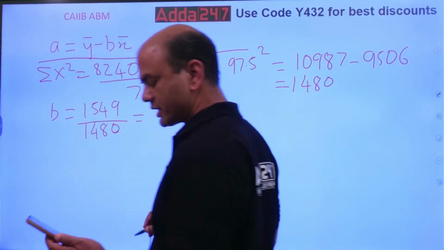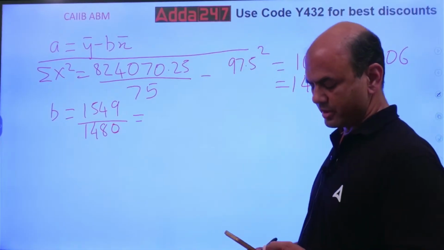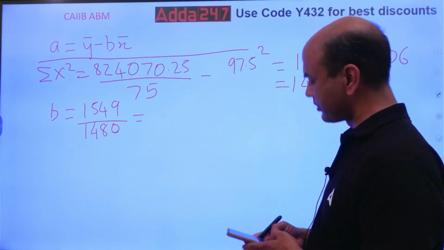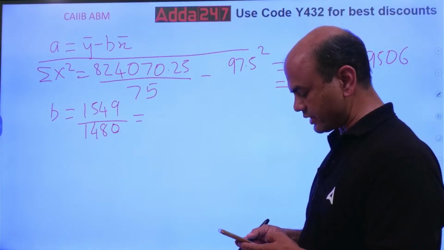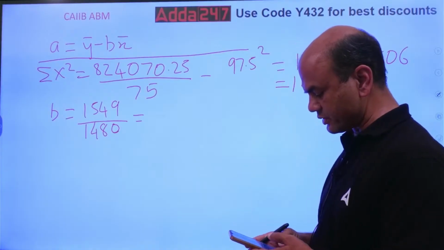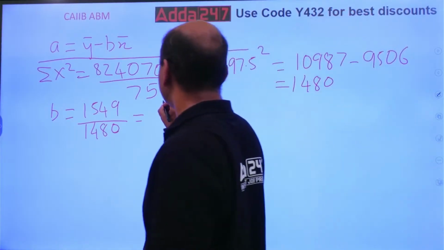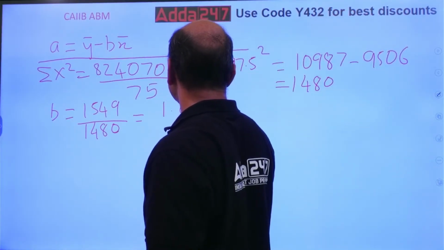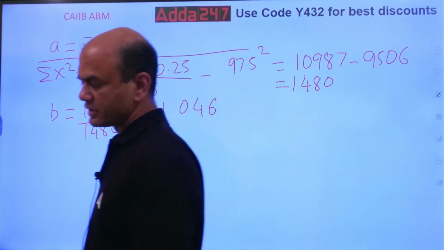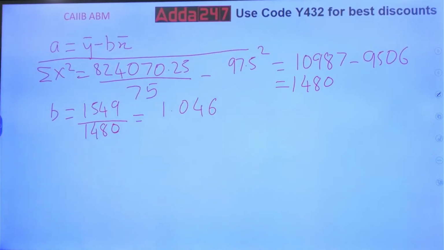What is the answer you are getting? 1549 divided by 1480. So you are getting it as 1.046. Are you getting this, everyone? Check, everyone.